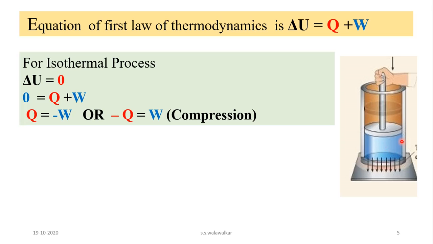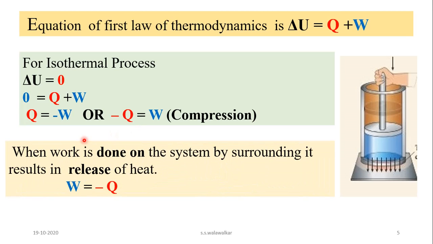Compression takes place and heat is released by the system. So minus Q is equal to W. That means if compression type of work is there, then heat is released.